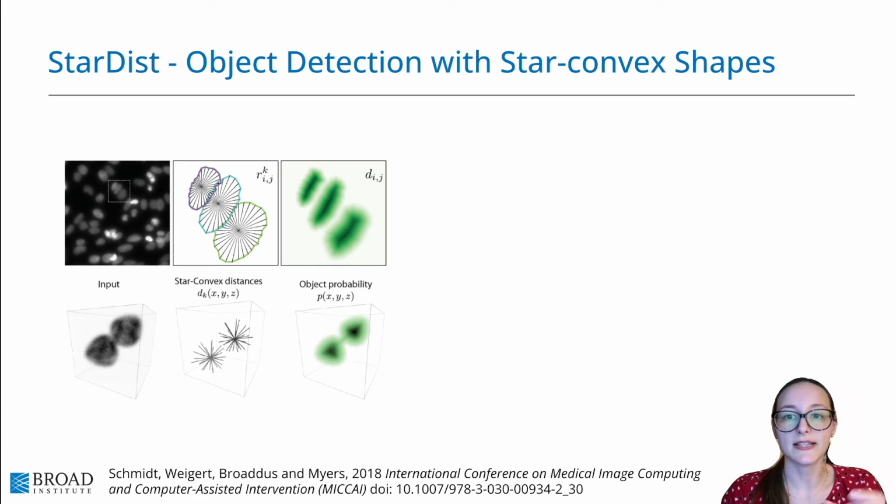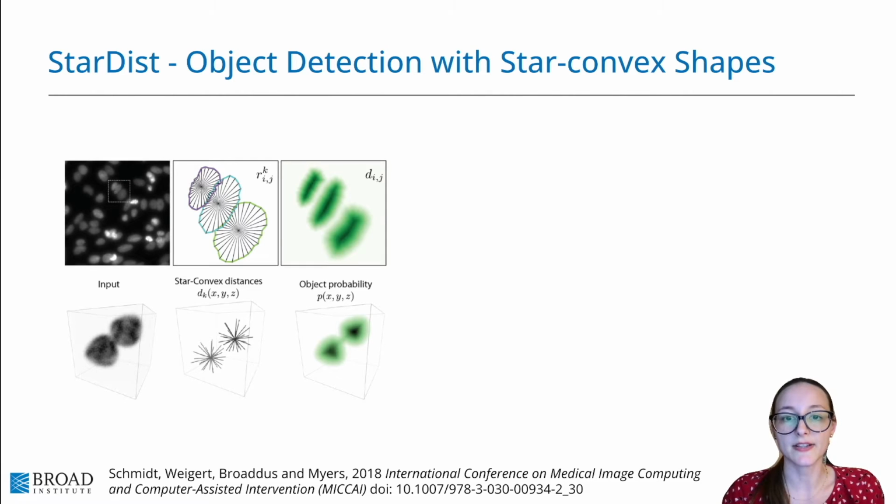It's also related to the distance from the center to the edge of the next nearest object. The network tries to predict radial distances and object probabilities for an image, and then performs polygon selection to map these objects and to resolve overlap between objects. This is part of why StarDist works really well even when you've got clumped nuclei together.